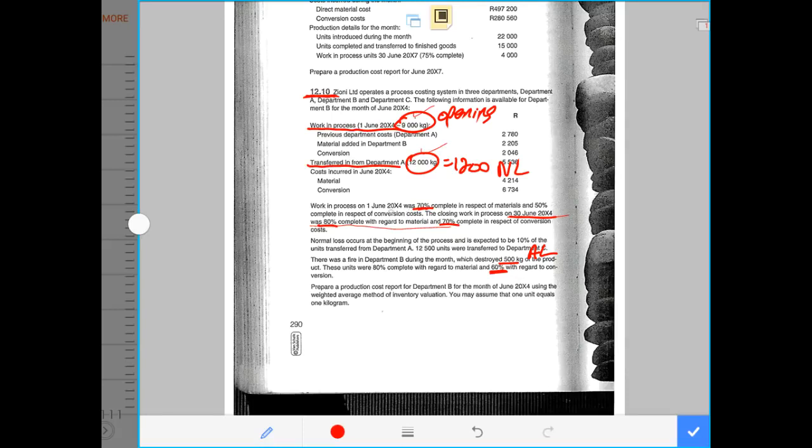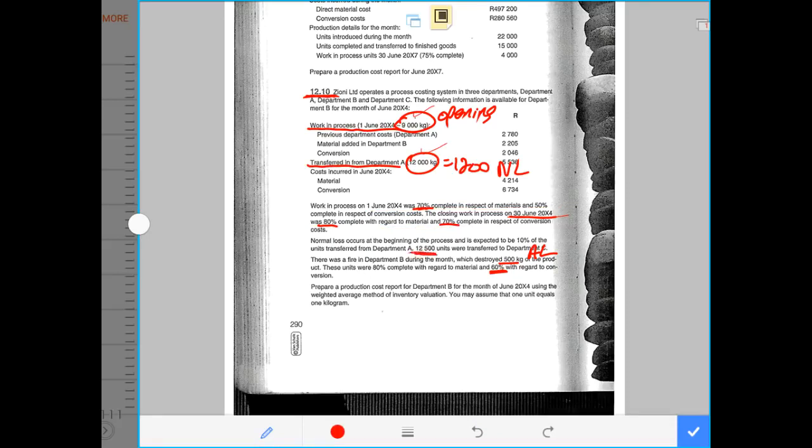And opening, we know that work in process was 70% and 50% in terms of completion with respect to material and conversion cost. And we also know that normal loss is 10%, which is 1,200 units that we are aware of.